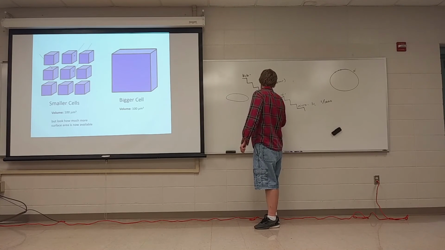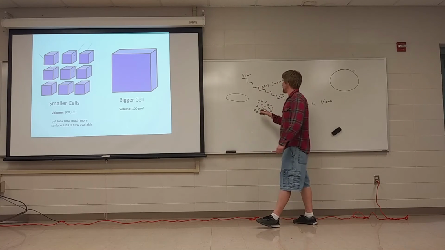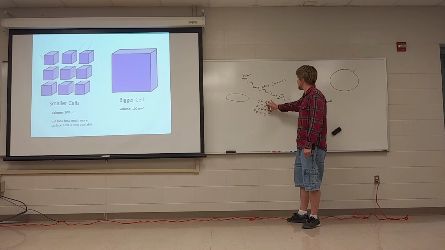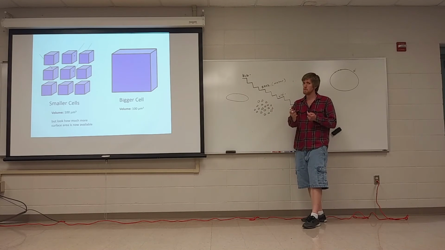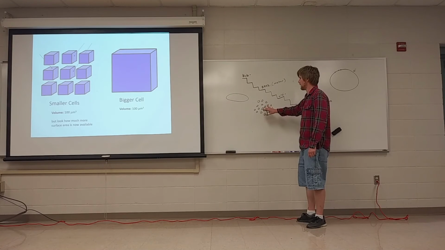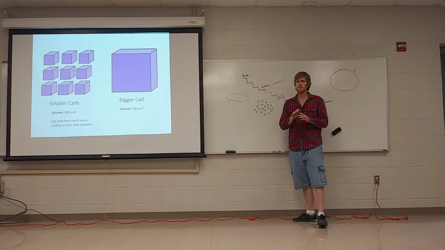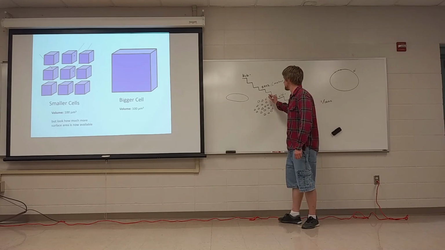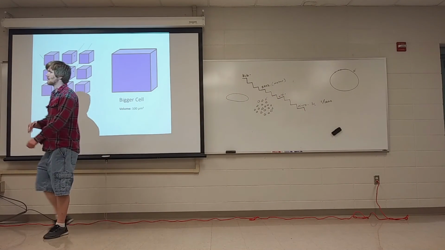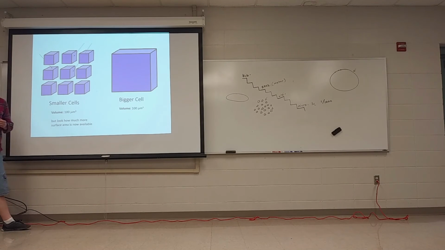Because when you chop it up into small pieces, it may be the same amount of chicken that you're cooking, but there's so much more exposure to the heat, surface area, and so you're going to cook it a lot more quickly now because you've got so much more exposure of surface area. In this case, it's to the heat of the frying pan, but in your cell's case, it's just more surface area means more space for cellular work to be done.